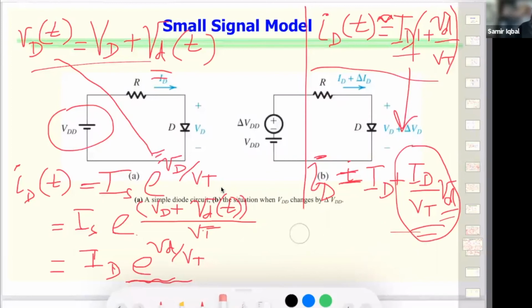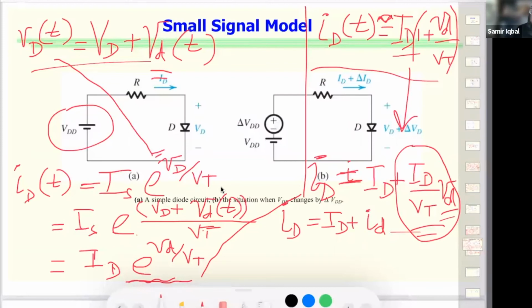That's what I want to expand on, because that's going to help us analyze difficult things. So I can just write it as capital I_D plus the current because of the small signal, and the left side is big I, big D, the total current.